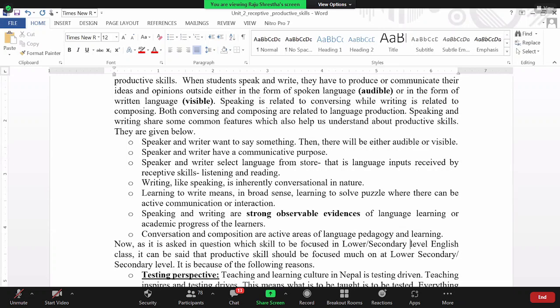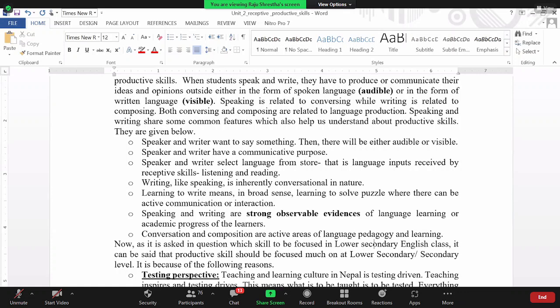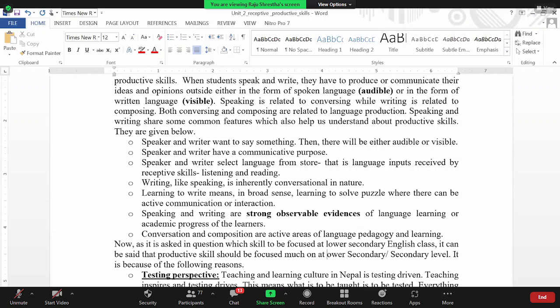As it is asked in the question, which skill is to be focused on in lower secondary level? Lower secondary English class, it can be said that productive skills should be focused on much at lower secondary level.